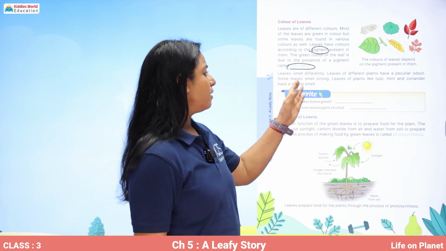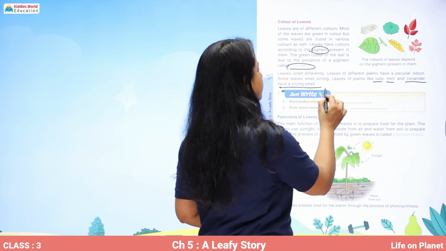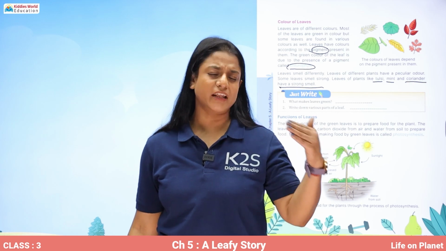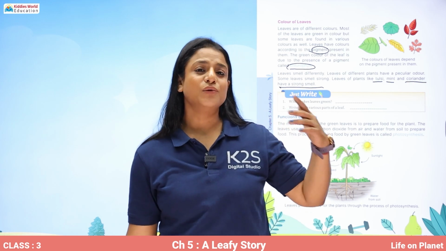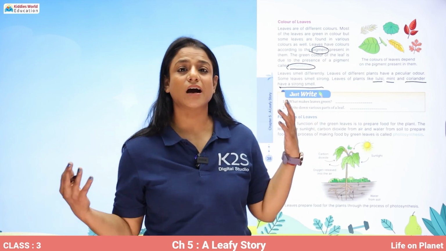Leaves like tulsi, mint, coriander have a strong smell, and because of their strong and very good smell, they are used in garnishing food for their excellent aroma.